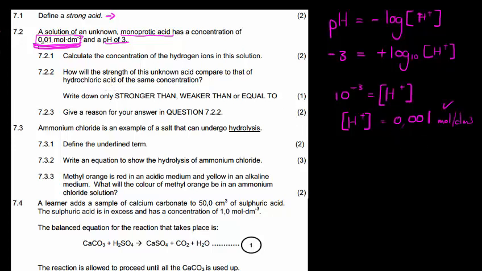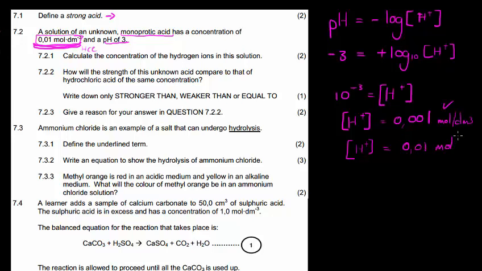So if it was 0.01 hydrochloric acid, what would the H plus have been? If it was 0.01 mole per decimeter hydrochloric acid and it dissociates completely, what would this have been? 0.01.